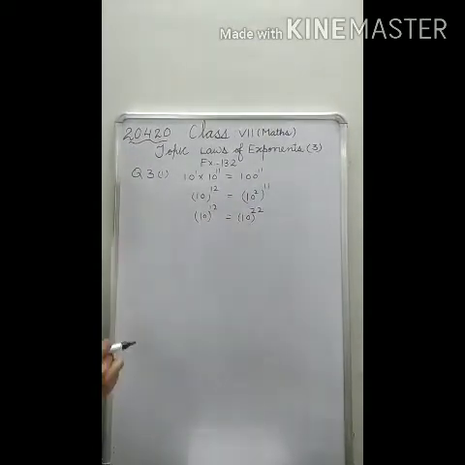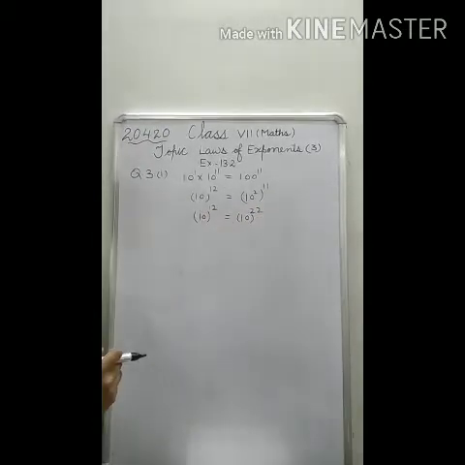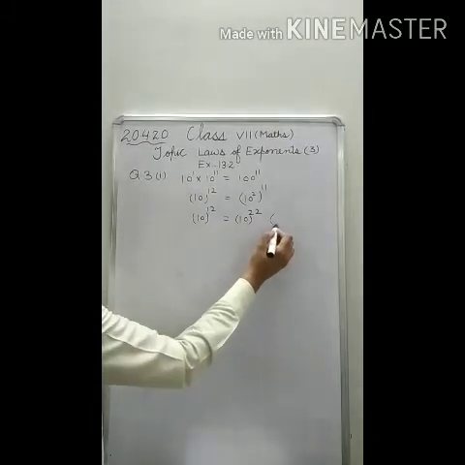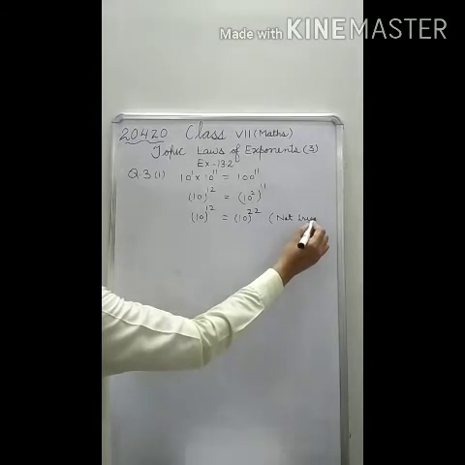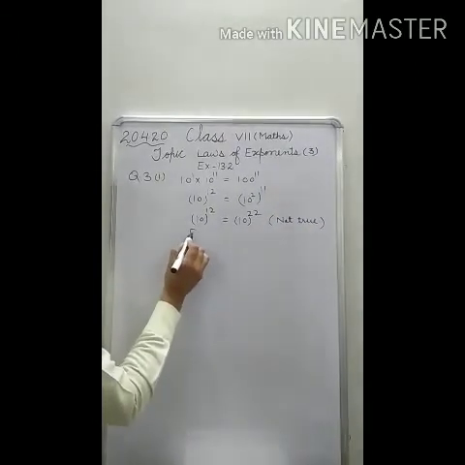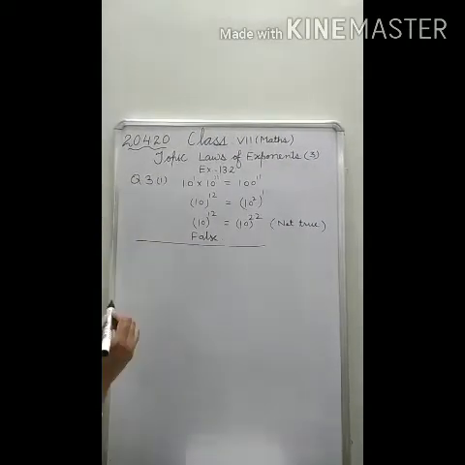Now compare these two things. Here the bases are the same but the powers are different. It means that here it is written equal, but this is not true. So your answer will be what? The first statement is false. This is your first part.